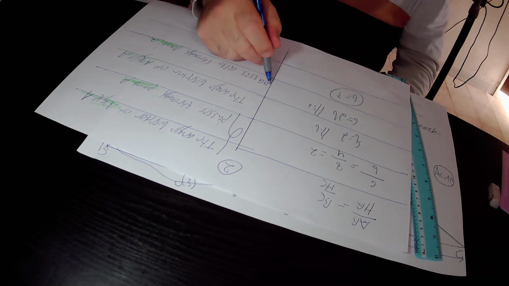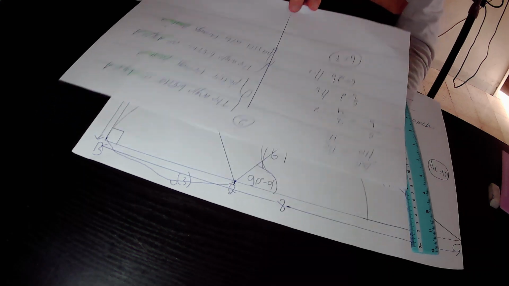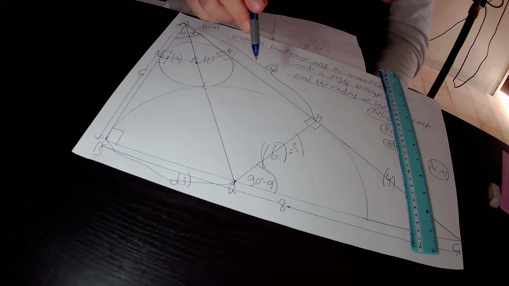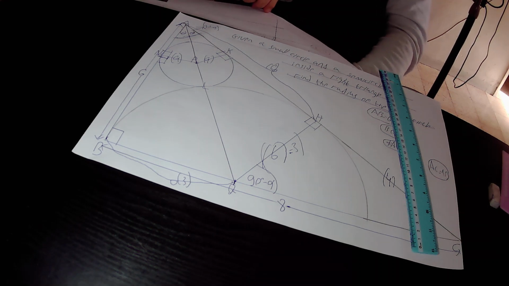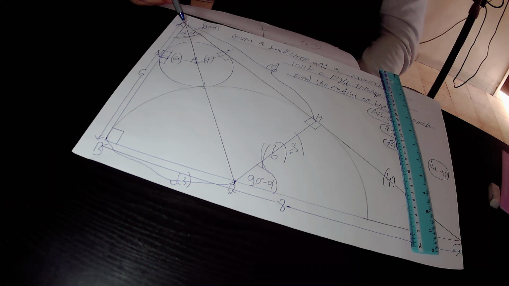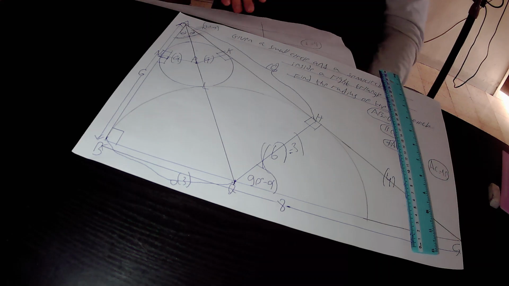So in conclusion, we found out that the angle bisector of this angle A passes through points P and Q, and the angle bisector of this angle A must also pass through point A, of course. So write it down.